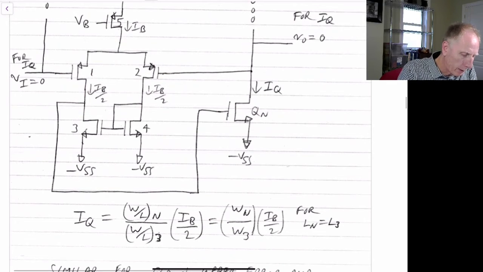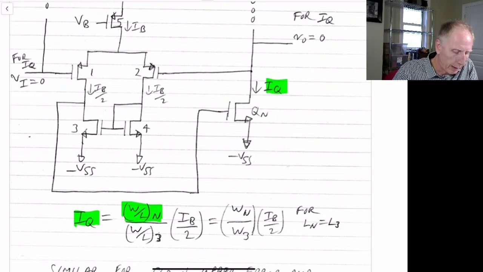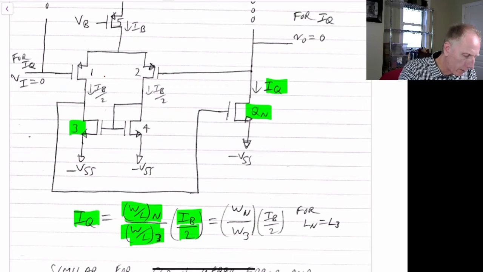So what we have is that the current IQ is equal to, as I mentioned, the ratio of the width over length of this large transistor here, our power transistor, relative to the width over length of this transistor, Q3, times IB over 2, because that's the current that's flowing down through Q3.